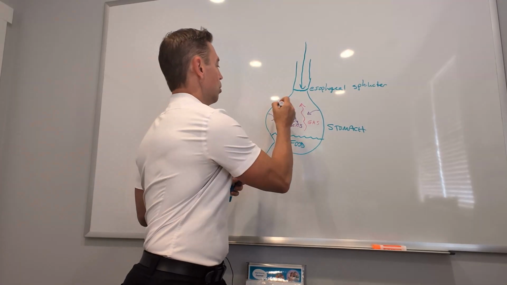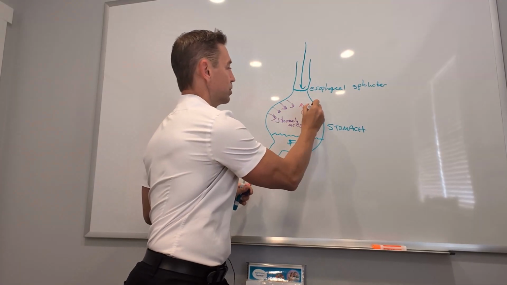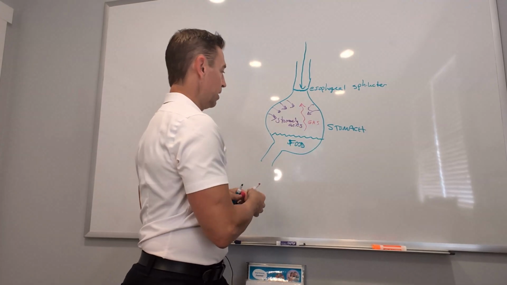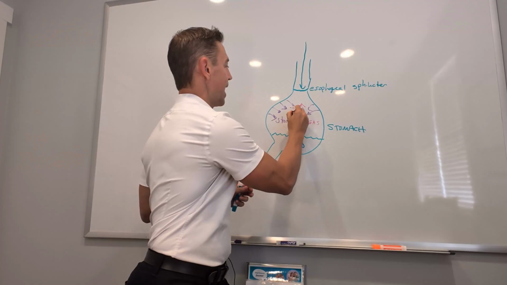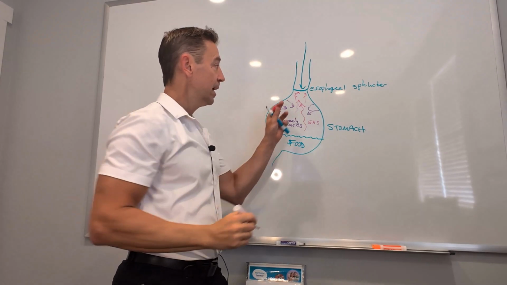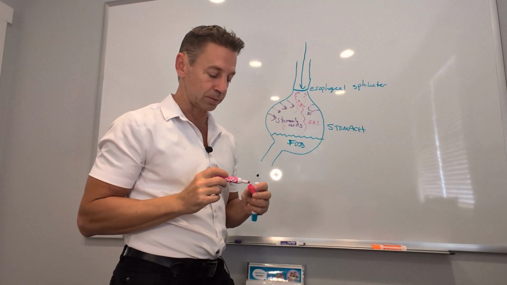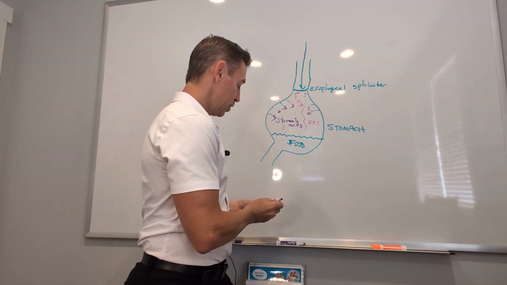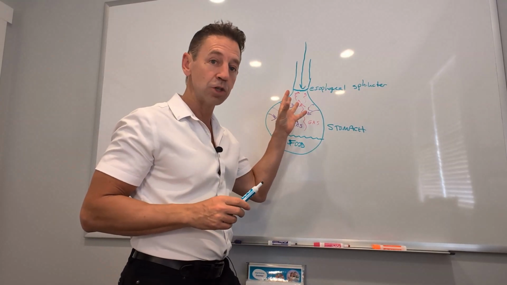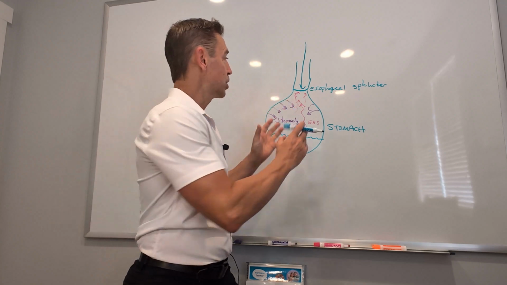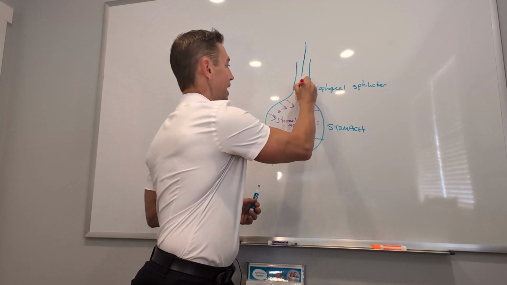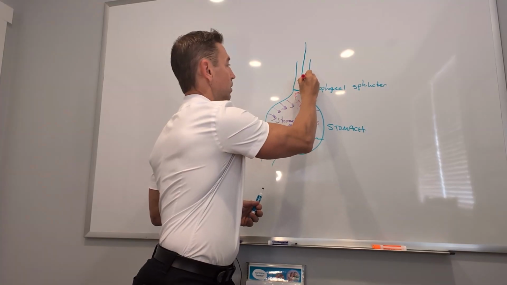So now you've got more acids being produced, more gas building up in the stomach, and this gas and this pressure makes its way into the esophageal sphincter. If your esophageal sphincter is relaxed or damaged, or the pressure is just too much, it pushes beyond that, and now you get gas pushing up into here.